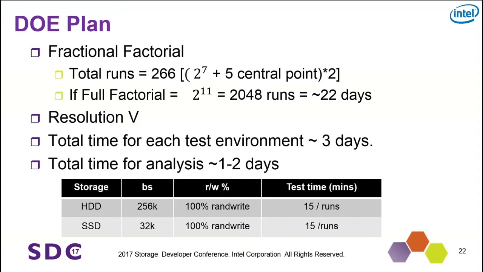All is using 100% random write. There is no random read in my DOE plan. I'm going to use the finding based on this one workload and apply it across different block sizes to show you there's an improvement in different block sizes, as well as different mixed random read-write workloads later.